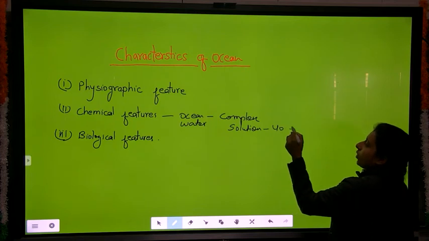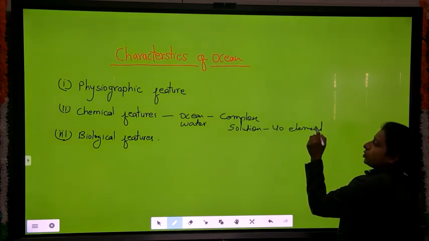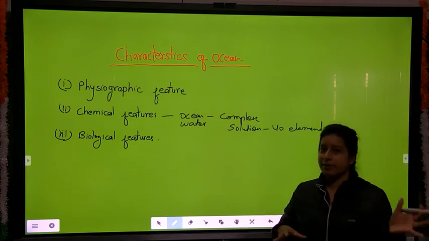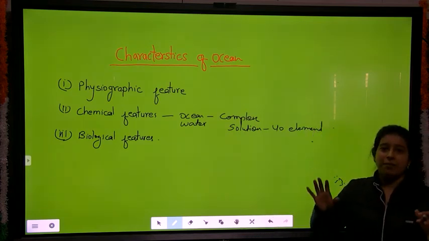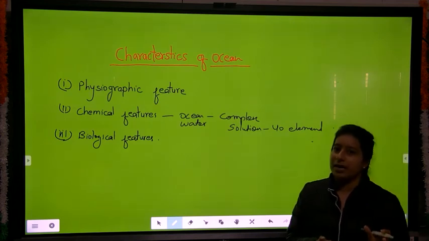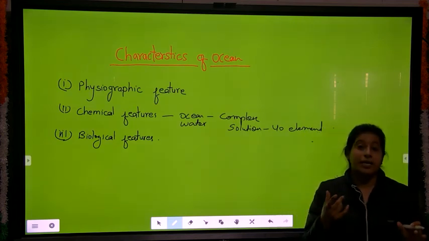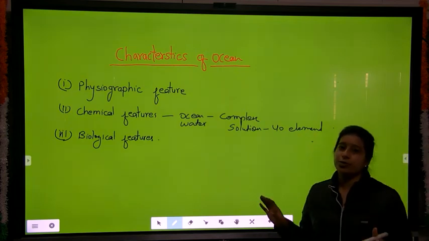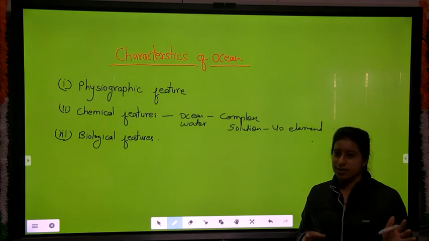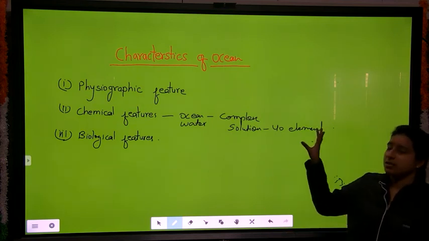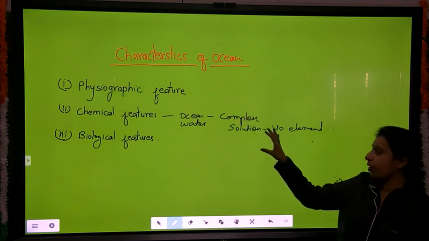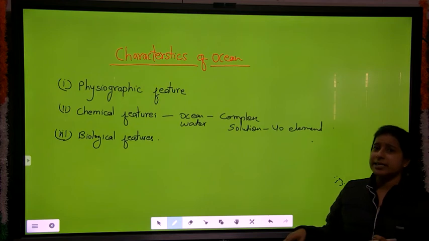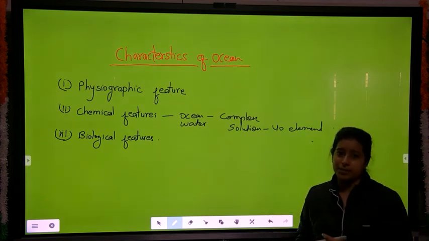These elements, in various ways, help the marine life or support the marine life. In marine life, we talk about the marine animals and marine plants. So these 40 elements, which are in dilute or approximately concentrated form in water, form a complex mixture or complex solution. So we can say these are the essential elements for water.